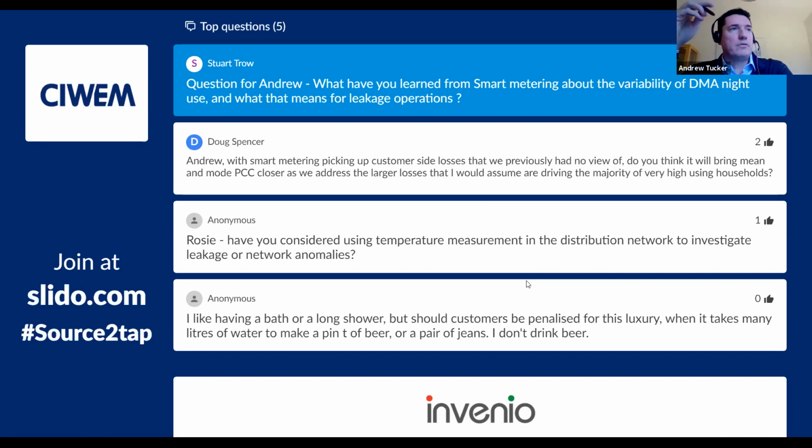Yeah, I'll jump in really quickly. The insight that we've gained over recent years from smart meter data on households has given us a better understanding of usage. From that understanding of usage in London in particular, we now know the place doesn't stop. There's usage all the way through, and far more than we had previously allocated into the equations for leakage versus usage, of which night use is a component.